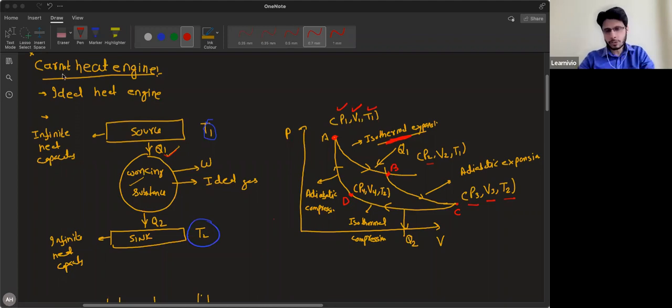So work done for the isothermal expansion, yeah, it will be the work done for that. You can get these types of questions in your exam. They will draw this Carnot cycle and ask you to calculate work done for different portions. For isothermal and adiabatic, the formula will be the same, the formula that you did in the isothermal process.